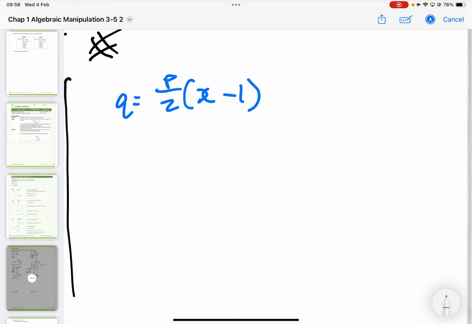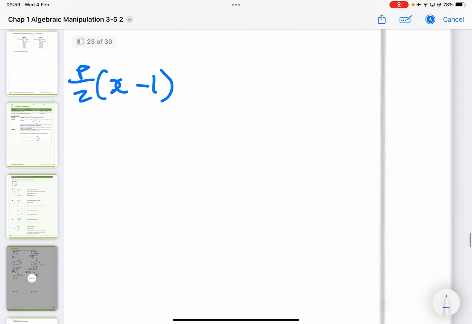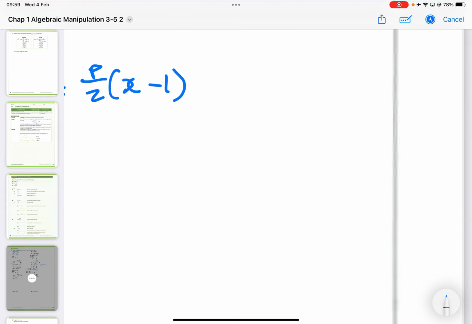So, for a start, I want to remove this p over 2 first. How can I remove p over 2, so that I am left with x minus 1 first?